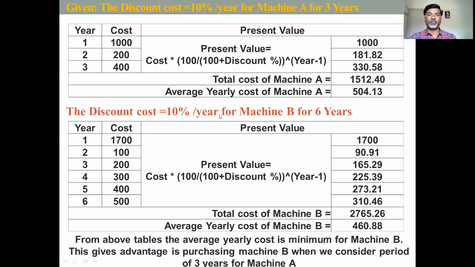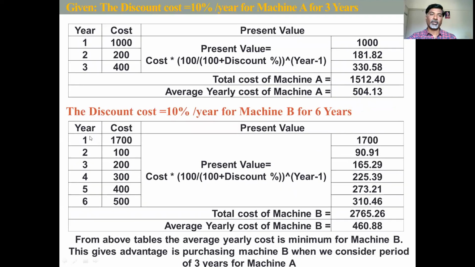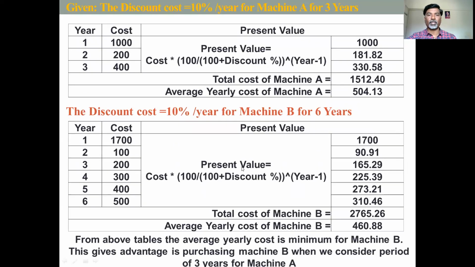Likewise, the discount rate is 10% for machine B, and in the example they have given that B is replaced every 6 years. So we have to calculate the present value up to 6 years. Their costs are given for years 1, 2, 3, 4, 5, 6. We take this cost as it is and calculate present values. The formula is the same: present value is cost multiplied by 100 divided by 100 plus discount, raised to year minus 1.